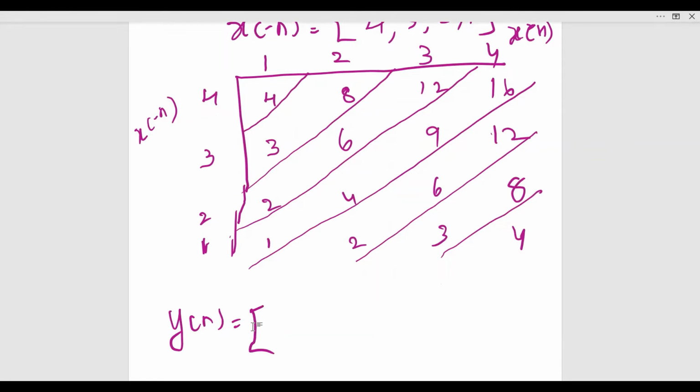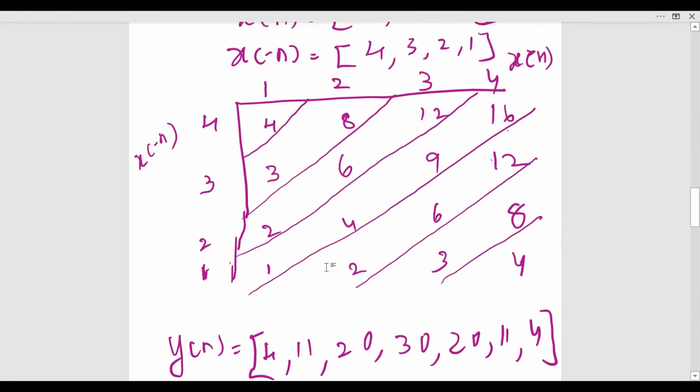There is only one element, 4. 8 plus 3 is 11. 12 plus 6 plus 2 is 20. 16 plus 9 plus 4 plus 1 is 30. 12 plus 6 plus 2 is 20. 8 plus 3 is 11, and 4. So this is how we have to find the autocorrelation.